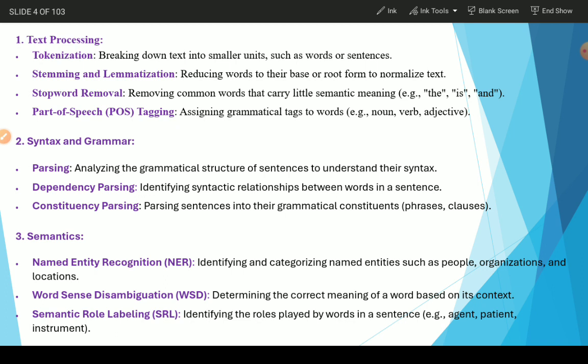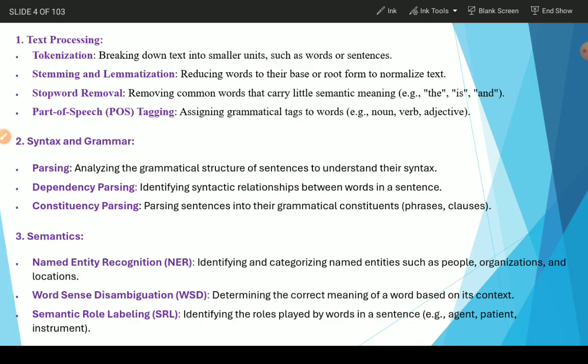Secondly, word sense disambiguation is determining the correct meaning of a word in a sentence. WSD is crucial for tasks like machine translation, information retrieval, and semantic analysis. Lastly, semantic role labeling is a task in NLP that identifies the semantic role played by a word or phrase in a sentence.